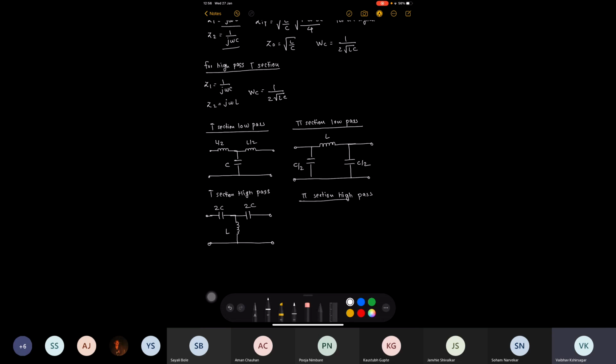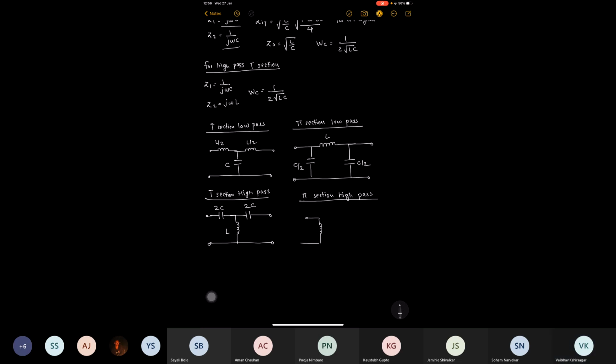So how is it given? Pi section high pass. First you need to start with a parallel element. For the high pass configuration, the parallel element is an inductor. Then the series element is a capacitor, and then again a parallel element, an inductor.